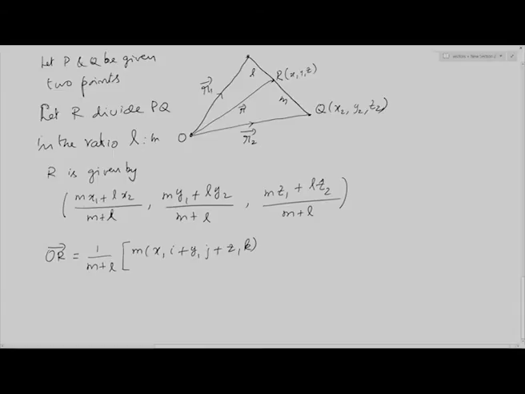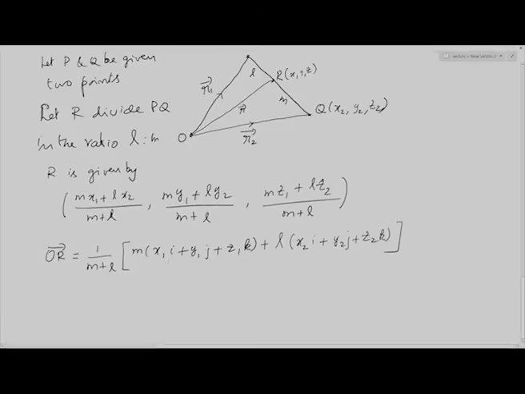You can just see, so m terms I am combining, and similarly 1 by m plus n has gone outside. Plus next the rest of the terms with the L, that is x2i plus y2j plus z2k. And what is this?